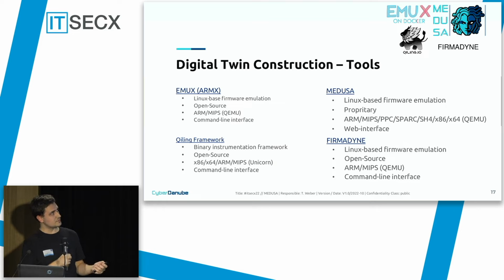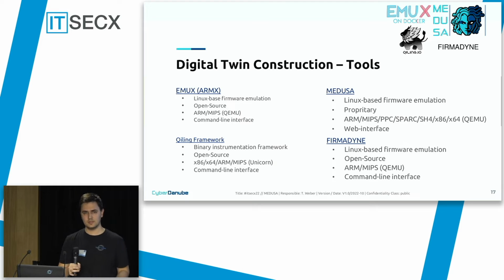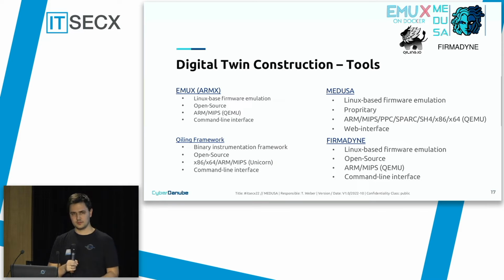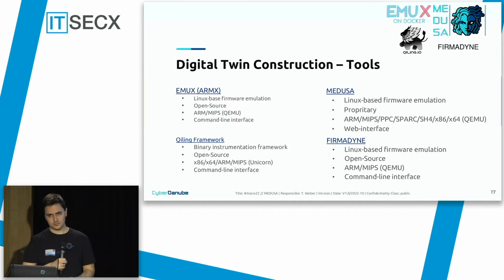Some tools which are known and which may be also unknown are EMUX, Qiling, Medusa, or Thermodyne, which you can use for creating a digital twin. And if you have a digital twin of such a device, you can do pretty much everything.